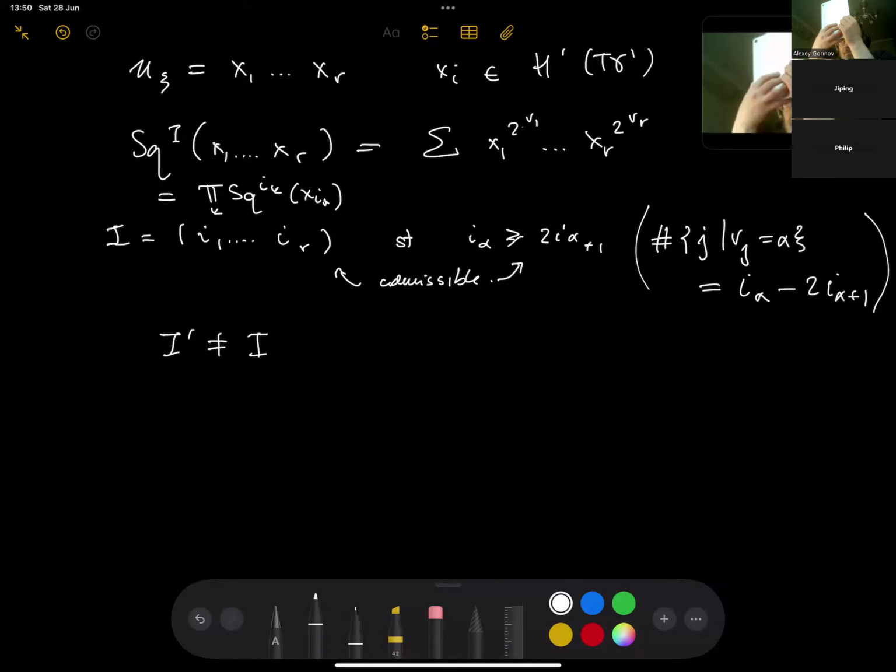Okay, well, basically it says that for each alpha there are this many occurrences of alpha among the sequence v1 etc. vr. That's what I wrote in brackets.